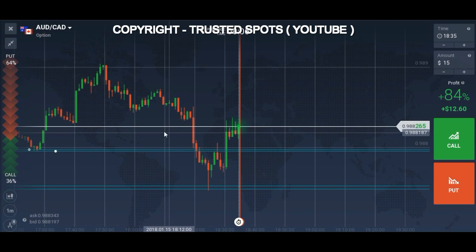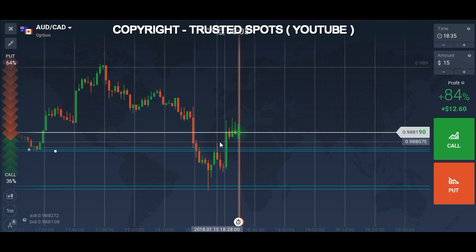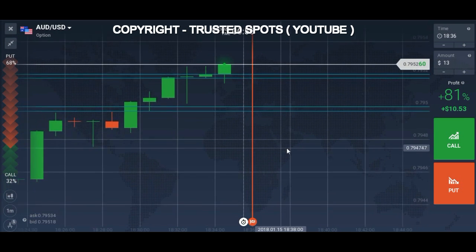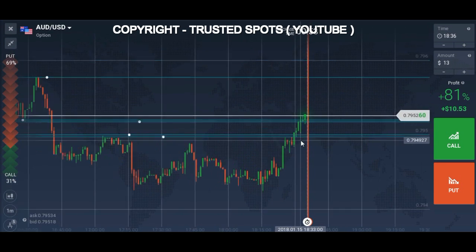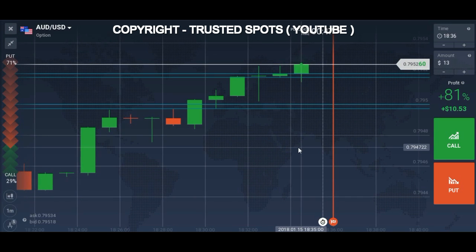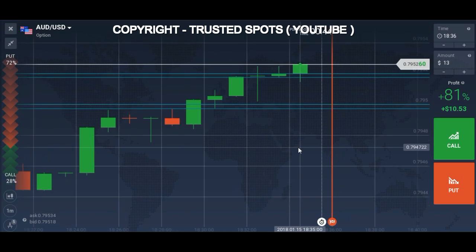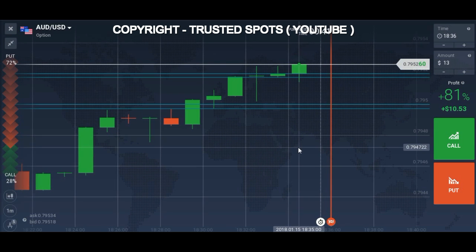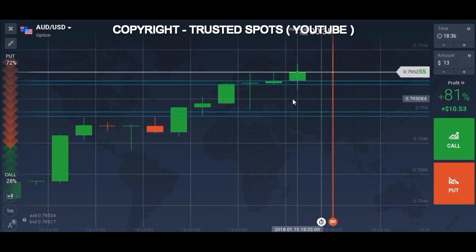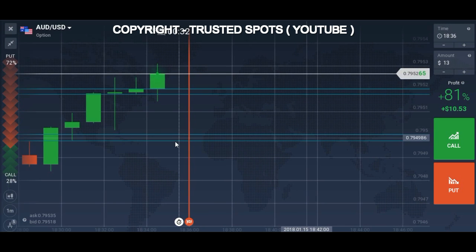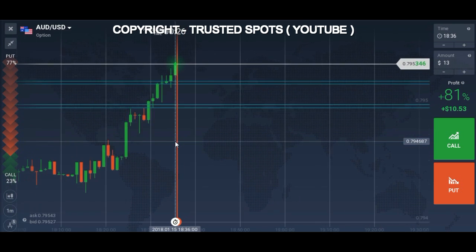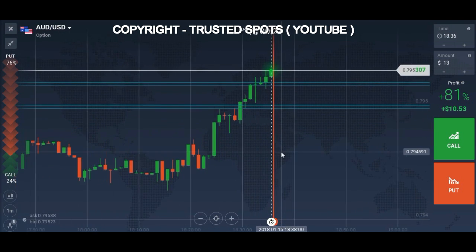Okay, this is the breakout candle, and the market is now moving up.